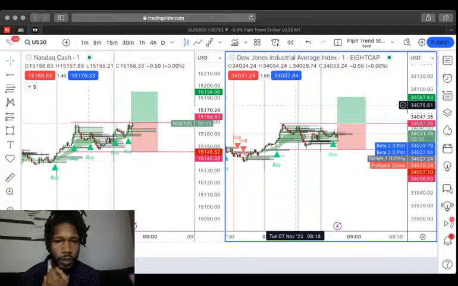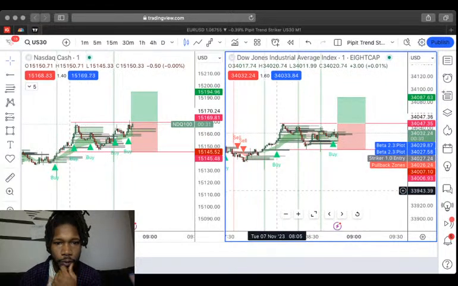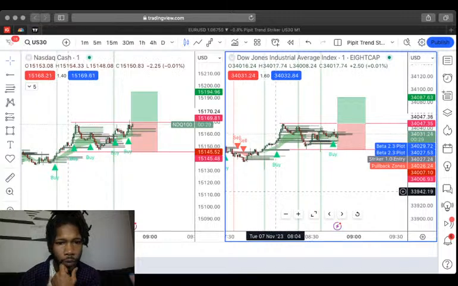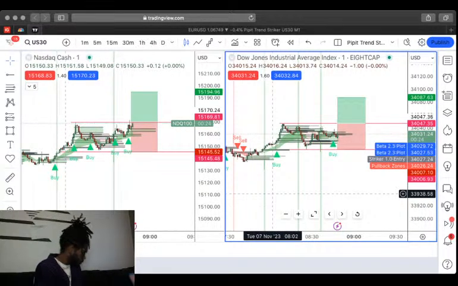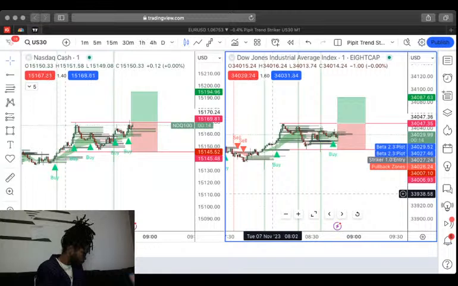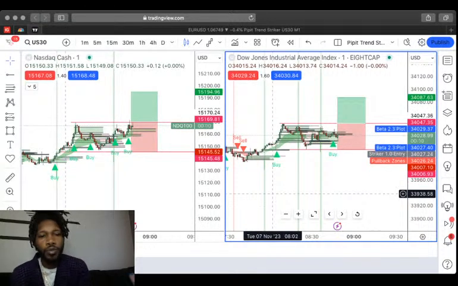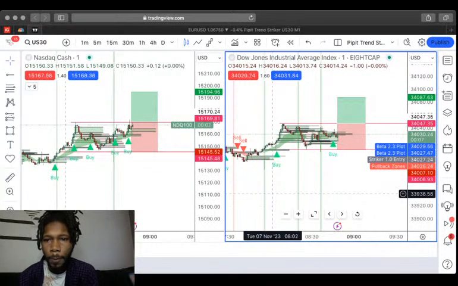Okay, we're going to get that set up. NASDAQ looks like it might want to get set up. I'm risking about a 1/4% on each position.